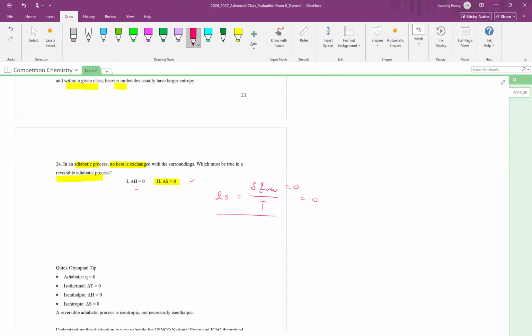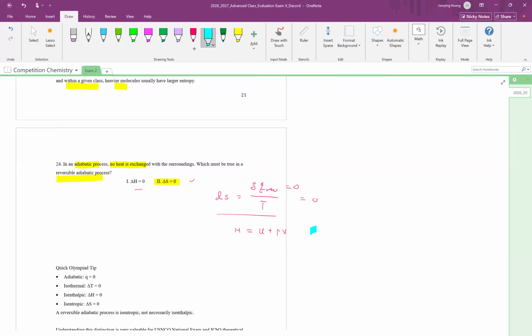Now, do you think that one will equal 0? Why not? Not necessarily. And we know that H equals U plus PV. That's a definition. Of course, some books use E; only Americans use E. Around the world, all use U. Okay.